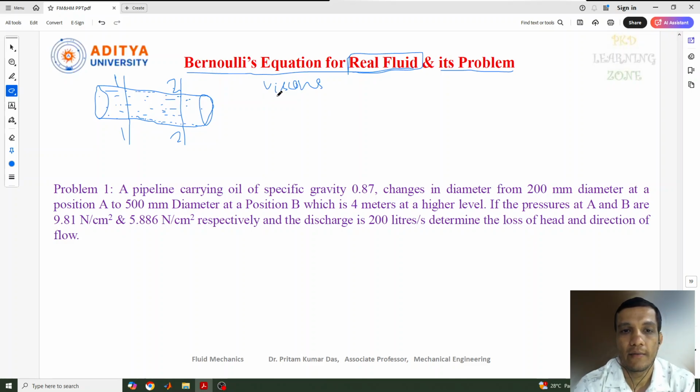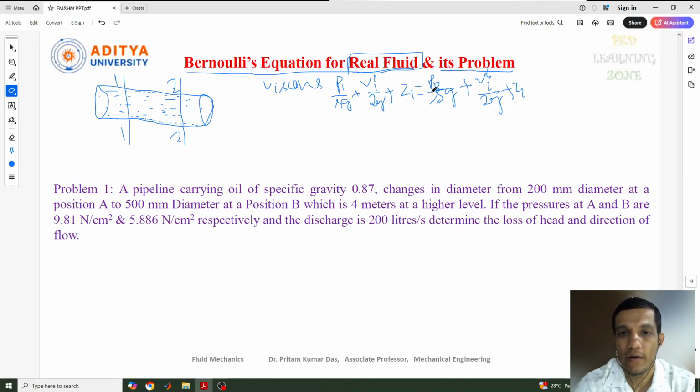So if we apply Bernoulli's equation for the real fluid between point 1 and point 2, we can write: P1 by rho g plus V1 square by 2g plus Z1 equals P2 by rho g plus V2 square by 2g plus Z2.